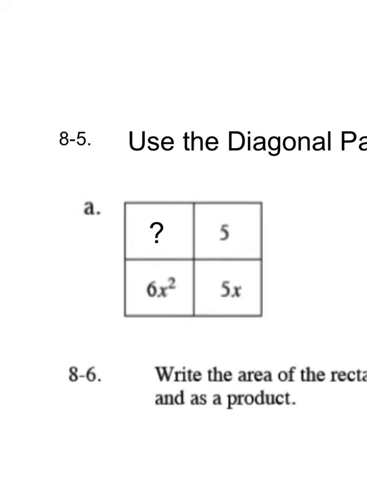So I know if I multiply this diagonal, 6x squared times 5, that's 30x squared. So that means the other diagonal, 5x times something, has to also make 30x squared.